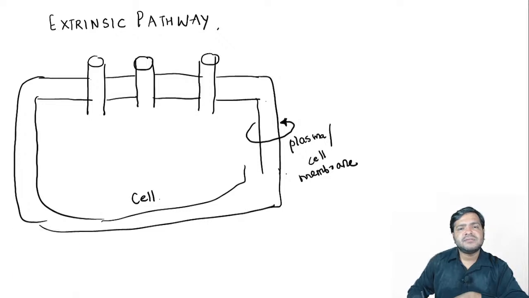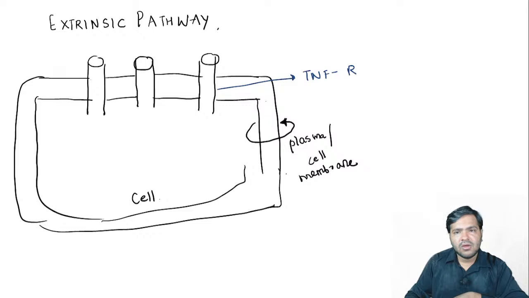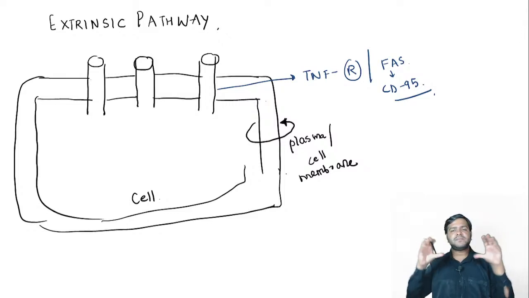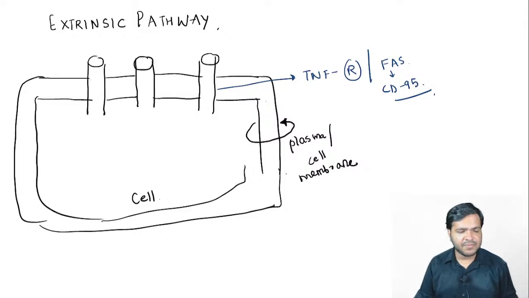These receptors are something which is known by the name of TNF receptors, also called the FAS receptors. FAS is also called CD95, either way. So these are certain receptors which are present on the plasma membrane or the cell membrane of the cell.